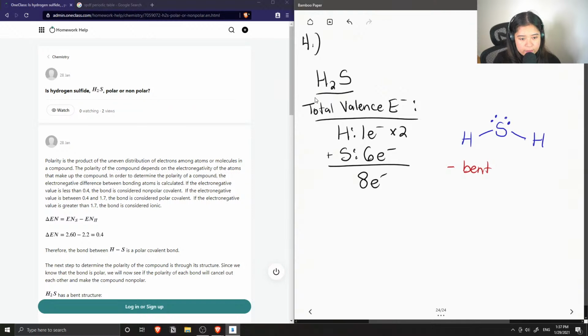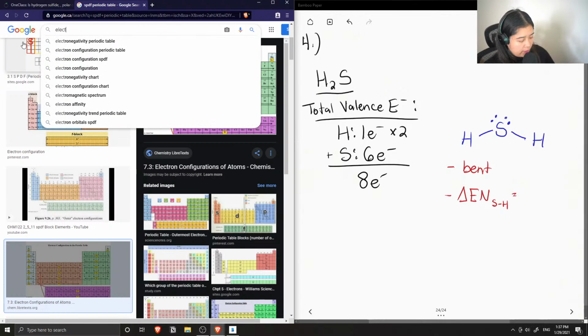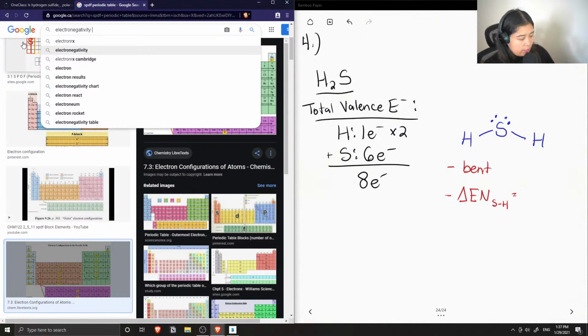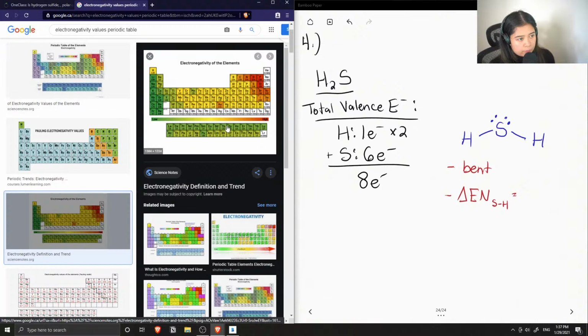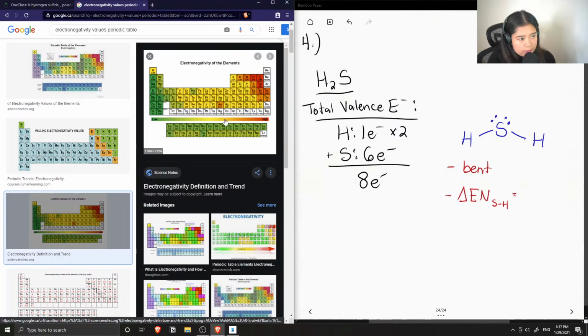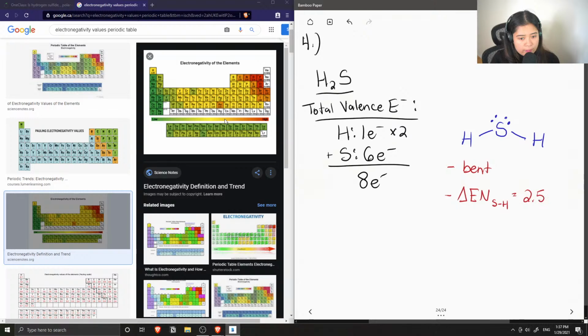And we need to find out the electronegativity difference between the sulfur and the hydrogen. So I'm just going to look up the electronegativity values of all the different elements. The electronegativity value for sulfur is 2.58, and for hydrogen, it's 2.20.